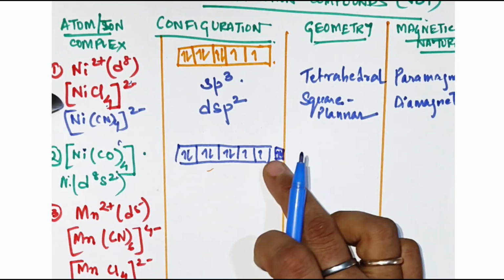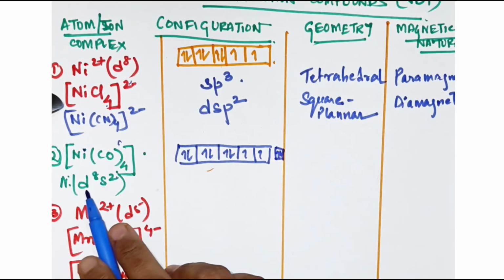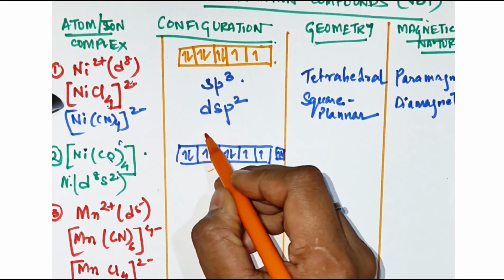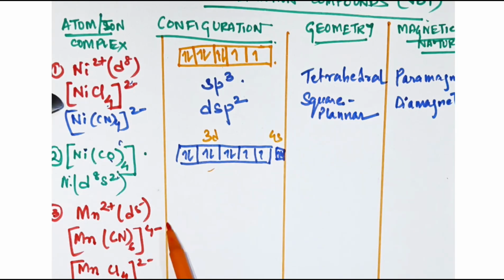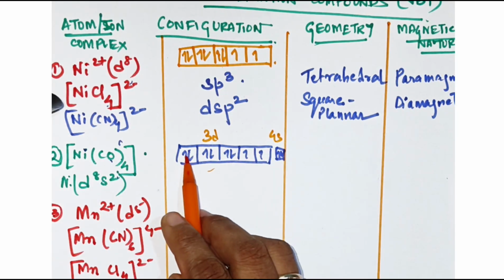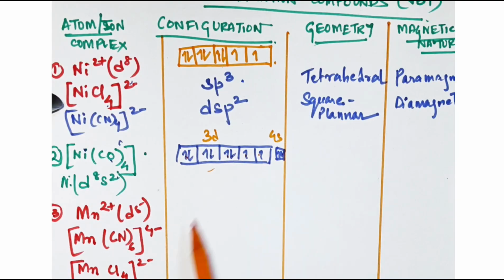Since carbonyl is a strong field ligand, it will make the electrons pair up. This is the 3d and this is the 4s, so in total there are 10 electrons.